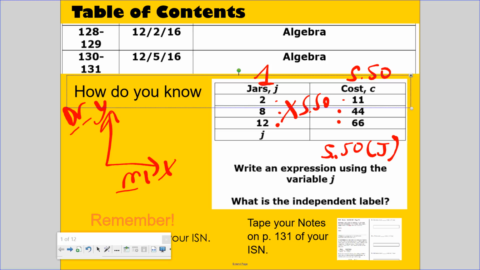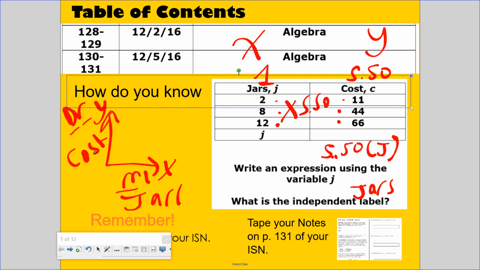So the independent is the x. Jars are the independent label, and the cost depends on how many jars you buy or sell.